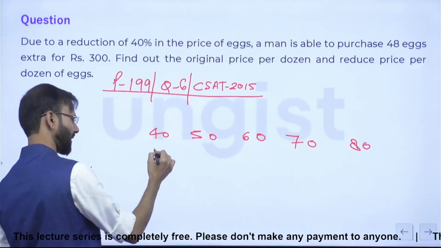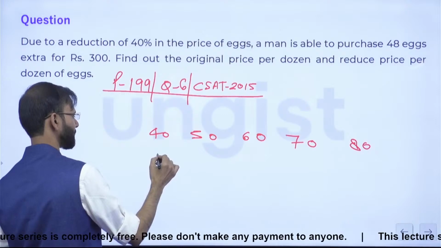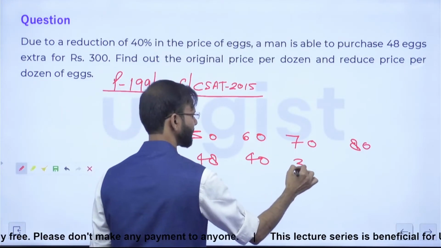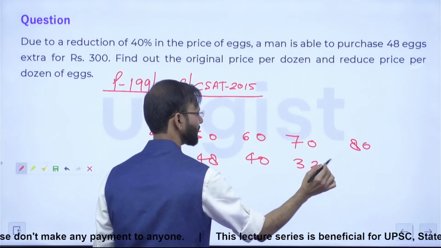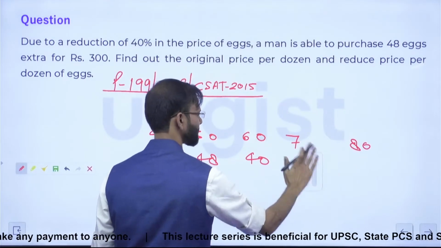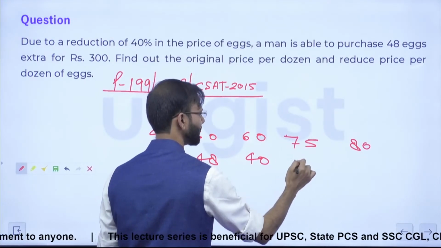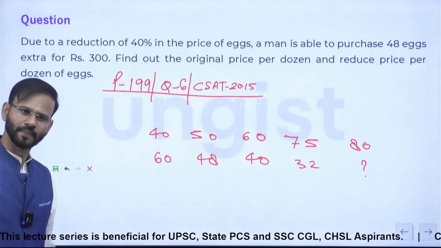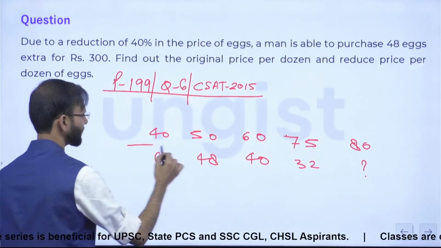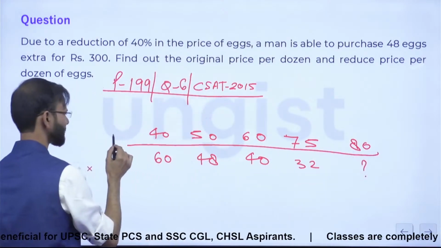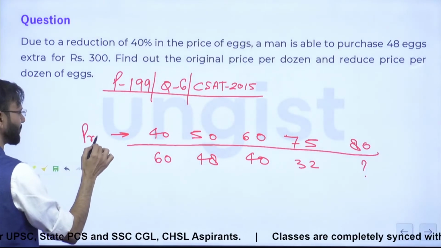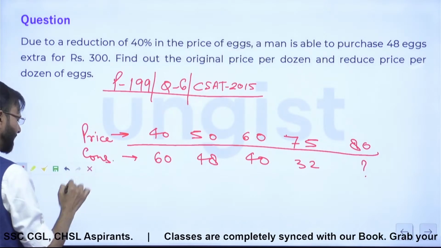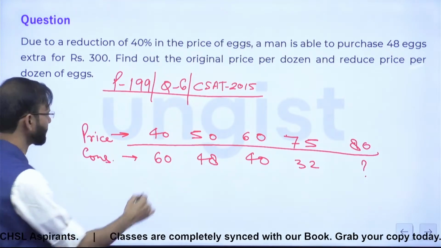Consumption is 60, 48, 40, 32, and this is the question mark, right? So this row is talking about the price of petrol or whatever, and this is the consumption, right? Everybody, this is it, right?